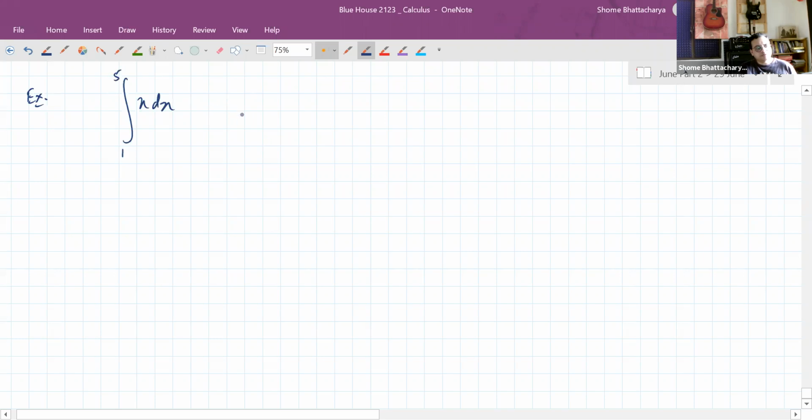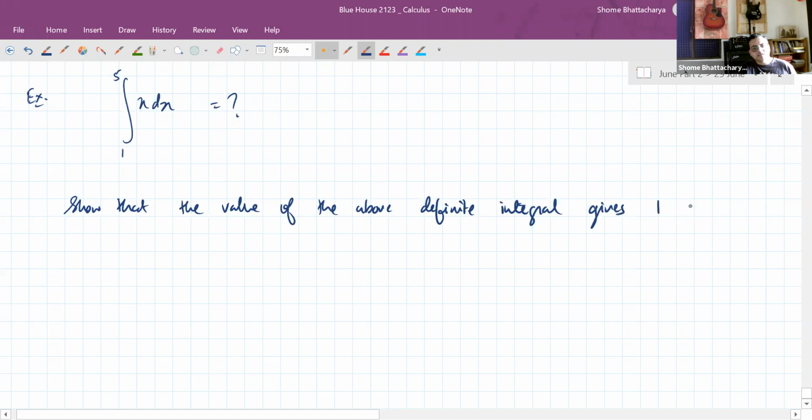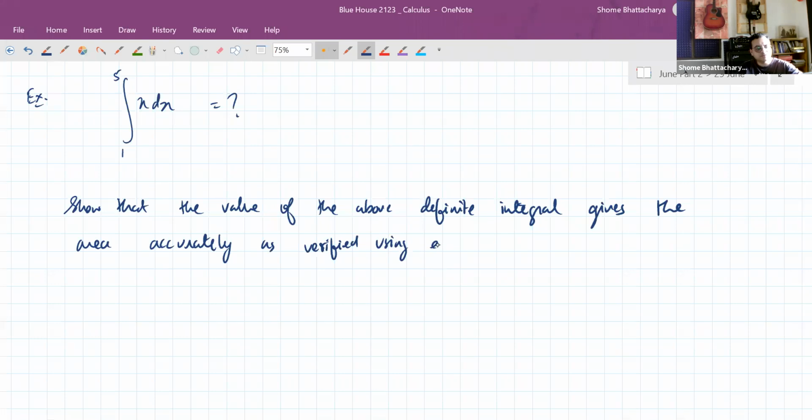Find this out, and then show that the value of the above definite integral gives the area accurately, as verified using geometry. So what the question is saying is that in this case, we should be able to verify the above result geometrically also.